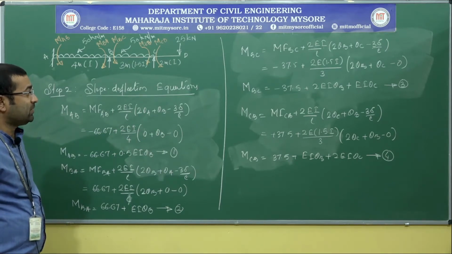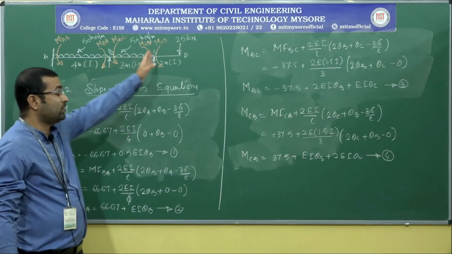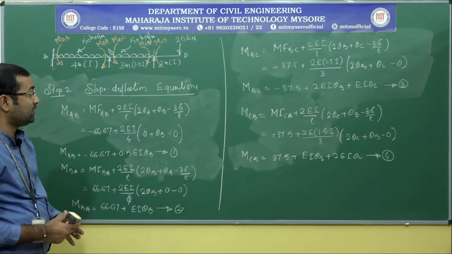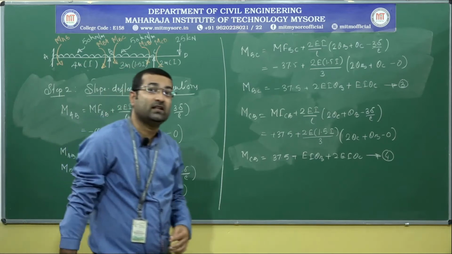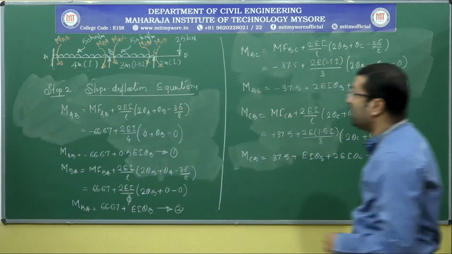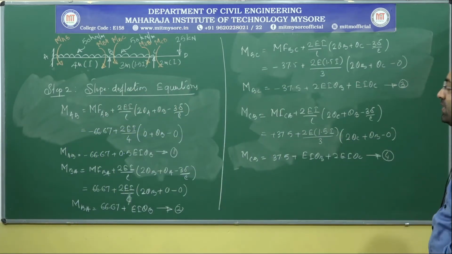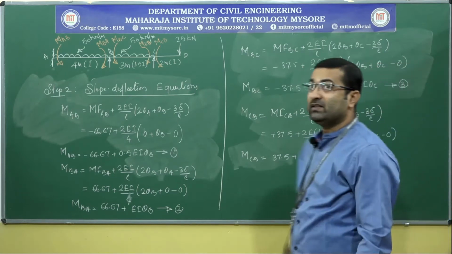So these are nothing but the rotation at B and rotation at C. To determine them, what we need to do? We need to apply the equilibrium conditions at B and at C.